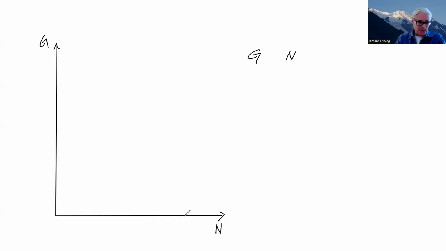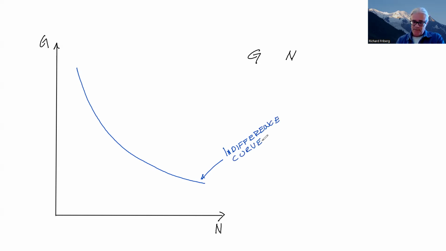Okay, and we can describe the preferences of this individual with an indifference curve. So something like this passes. So in an indifference curve, you're to some extent willing to trade off leisure against goods, less leisure, more goods, or less goods, more leisure.